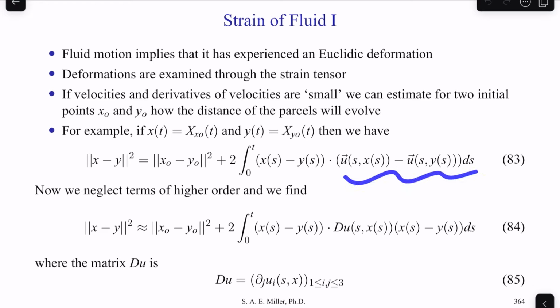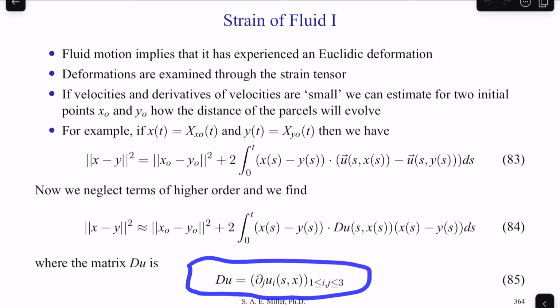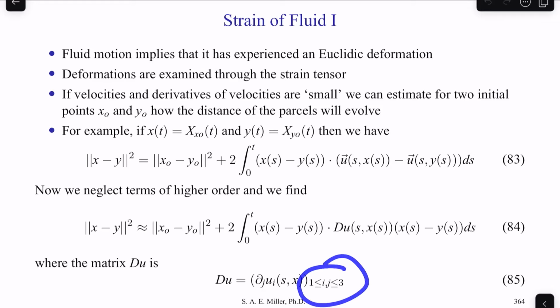And now we're going to replace u of s of x and u of s of y with an operator Du, involving the difference between x and y with the operator and u of s of x. Here Du is this matrix operation of partial u_i partial x_j, over 1 to 3 for 3 dimensions.